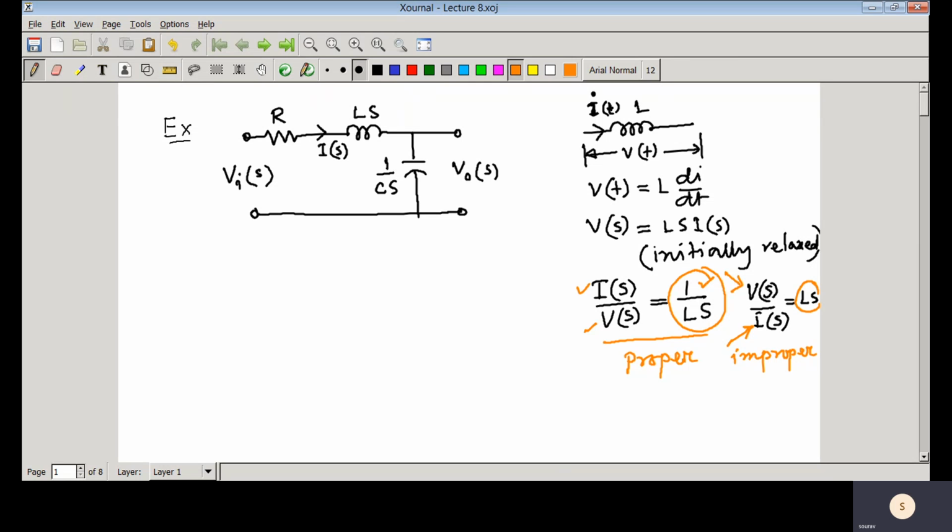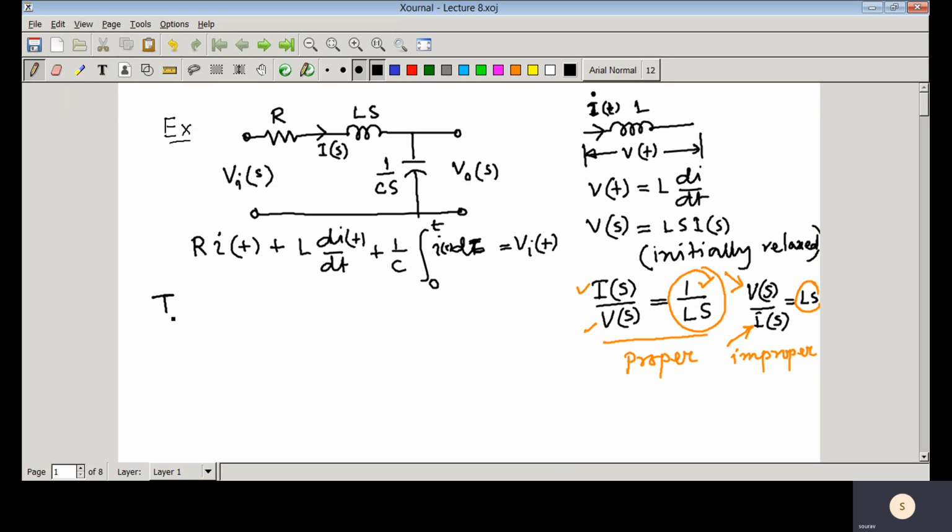Now go back to this particular example. If you write the KVL, that is R i(t) plus L di/dt plus 1 by C integral of i(tau) d tau from 0 to t, this is equal to vi(t), the input voltage.